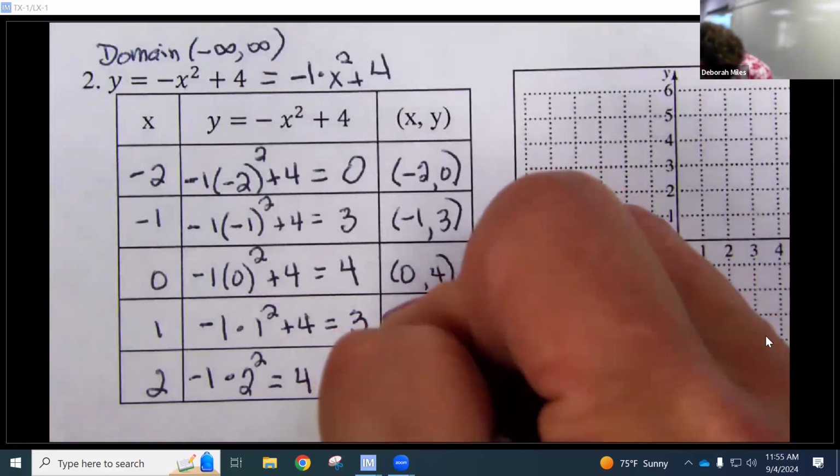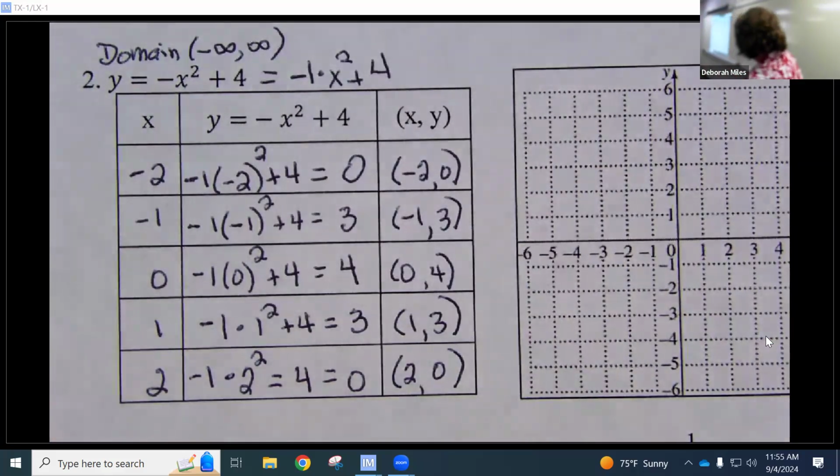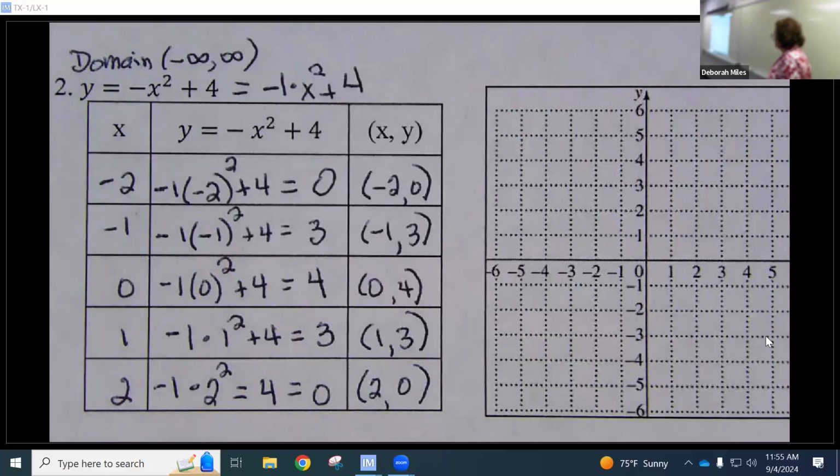So if x is 2, y is 0, and that's another point on the graph. Plot those ordered pairs and connect them with a nice smooth curve. And then tell me if you recognize the shape of that curve as something that has a special name.